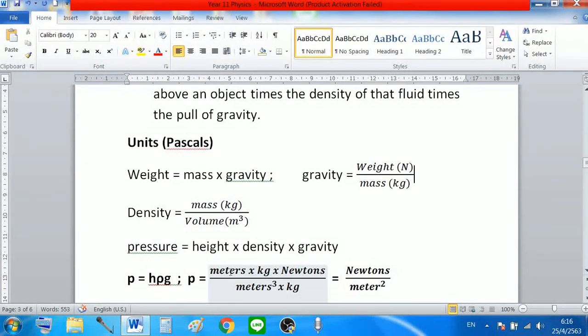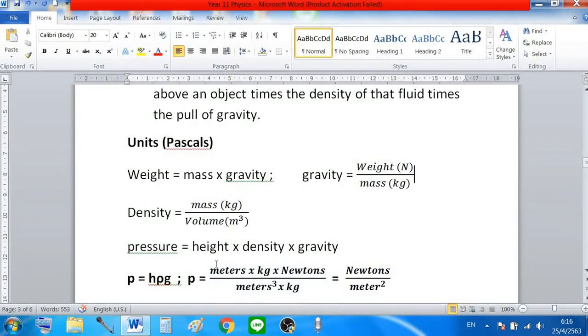So here we have pressure equals height times density times gravity. Height is in meters. Density, we said, was mass over volume, or kilograms up here, and volume, meters power 3 down here. And gravitational field strength, we said, was newtons per kilogram. So here's the newtons up here, and the kilograms are down here.